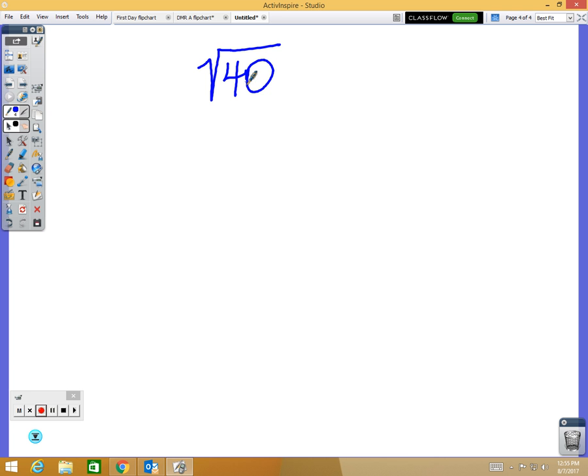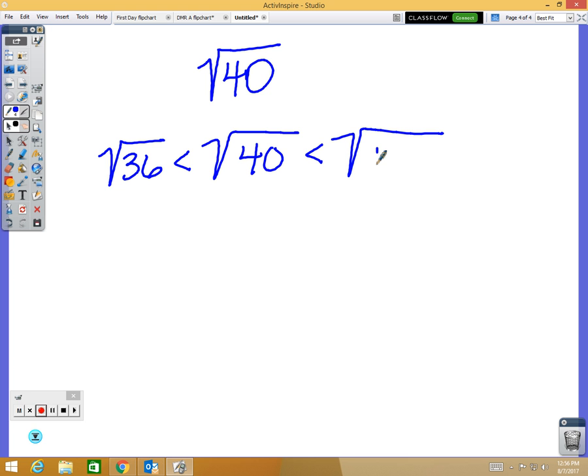Oh, man, I made a typo on this, didn't I? All right, so it's between the square root of 36 and the square root of 49. Please write that in your notes, though. That's written in that form, okay?